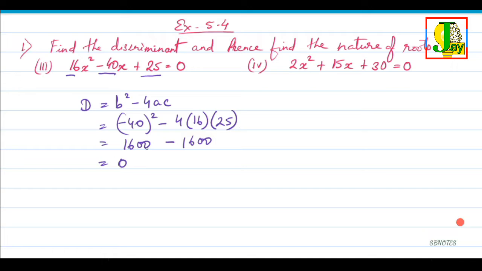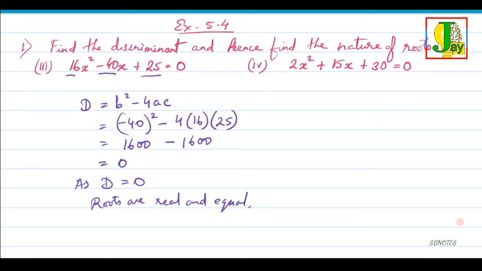What is the nature of the roots then? When D is equal to 0, both the roots are real and equal. So you can write: therefore, as D is equal to 0, roots are real and equal.